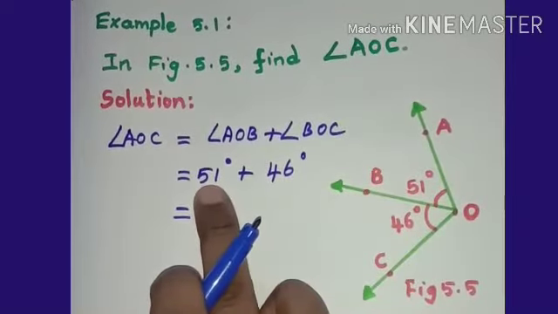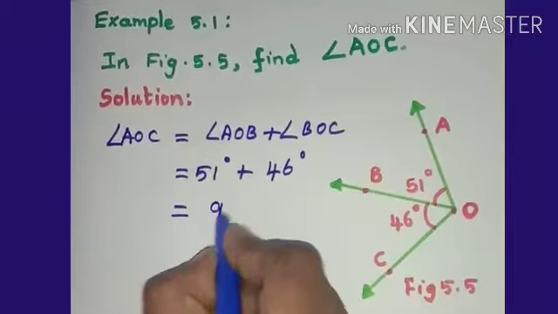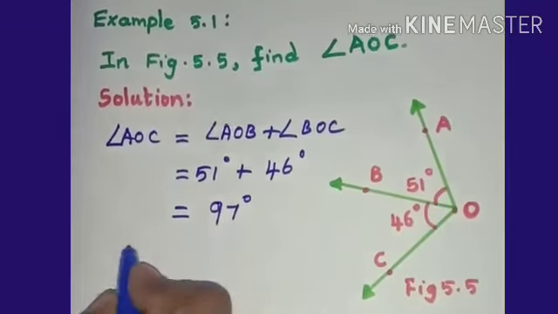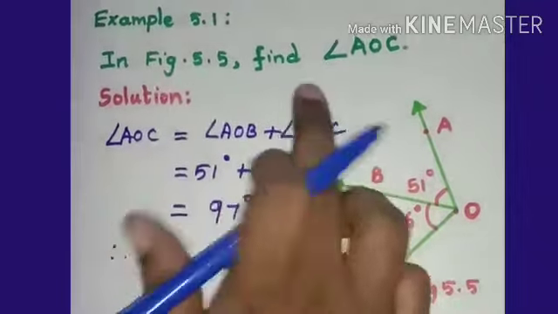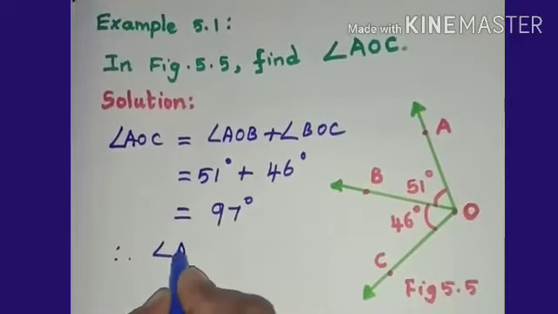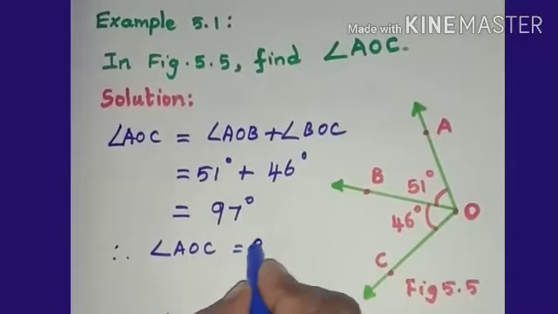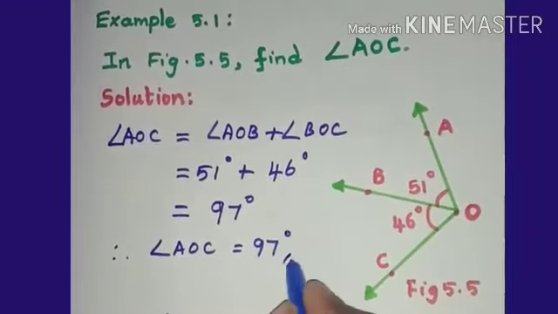Adding 46 degrees and 51 degrees, we get 97 degrees. Therefore, angle AOC is equal to 97 degrees.